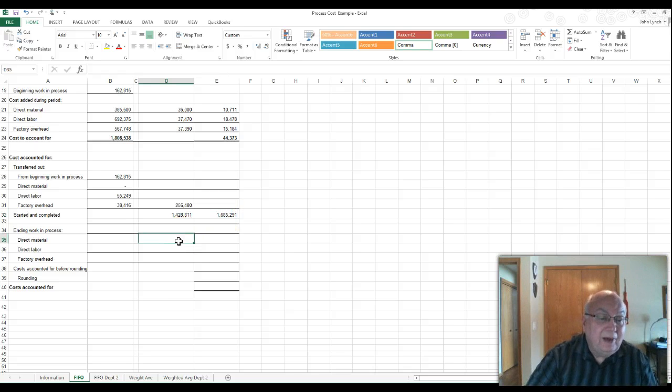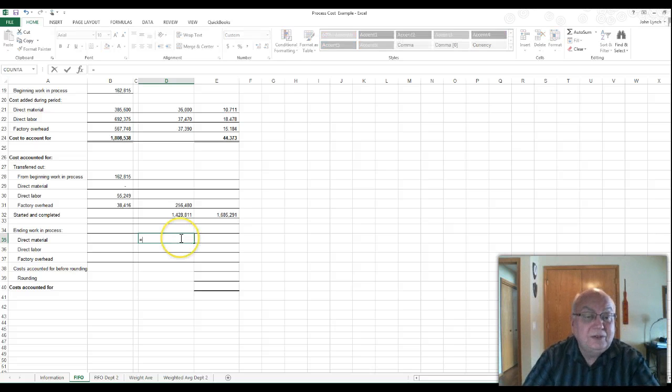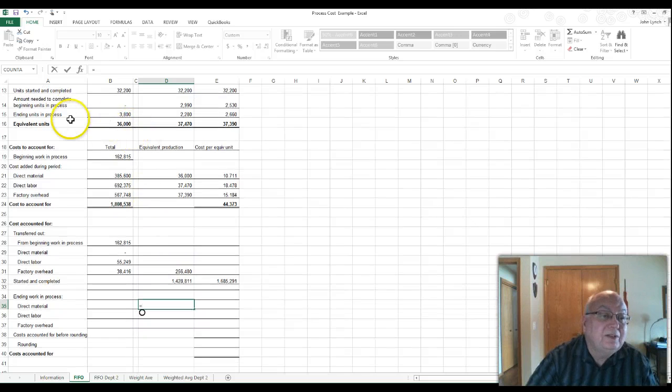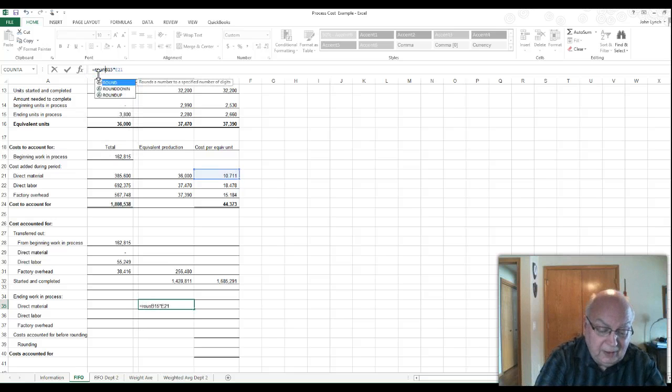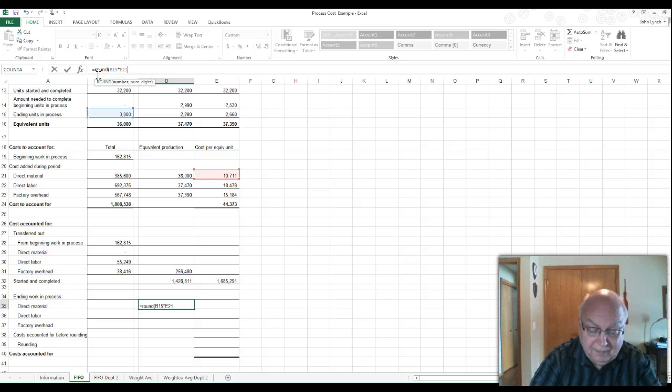Now for the ending work in process, we have the direct materials. And remember, this is ending units in process, so it's the 3,800 times the 10,711. And again, you probably should use the round function for 0 decimals.